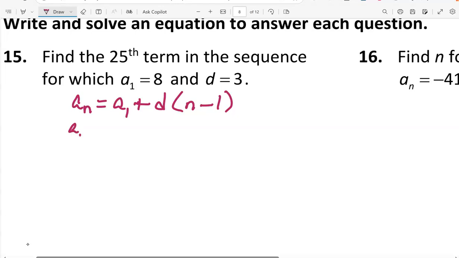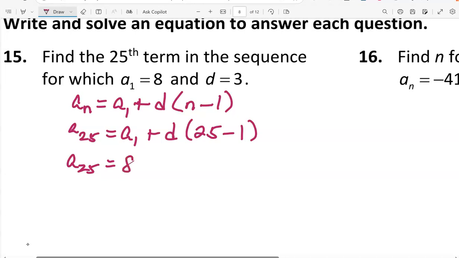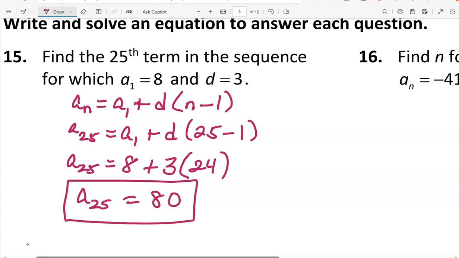The 25th term implies that n is 25, so I'm going to replace all my n's with 25. And a sub 25 is the 25th term. That's the one that we're looking for. A sub 1 is the first term. We have that. D is given to us. And 25 minus 1 is 24. And so now we just need to multiply 3 times 24 and add 8. That's 72 plus 8 is 80. So the 25th term is 80.